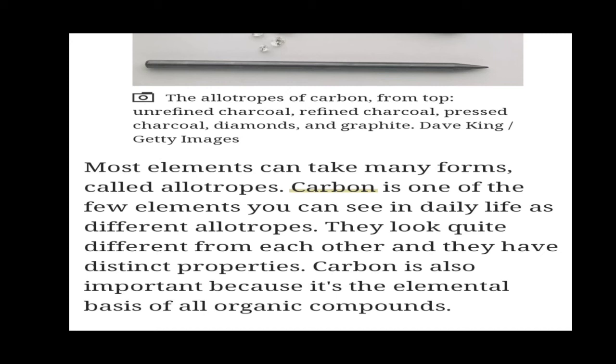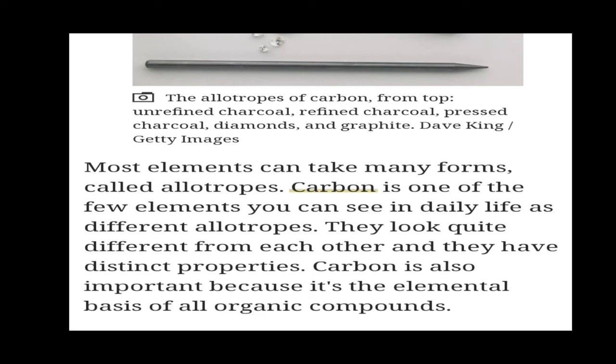Next, a very important element is what? That is carbon. It exists in many forms called allotropes. So carbon is a non-metal that can exist in different forms. Each form is called an allotrope. Example, diamond, an allotrope of carbon. It is the hardest natural substance known and it has a very high melting point and boiling point.